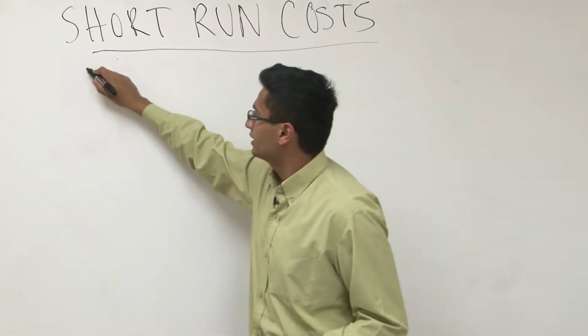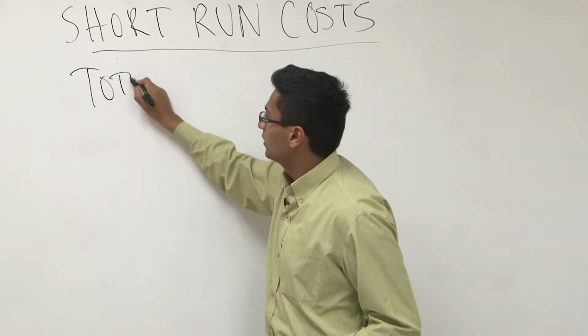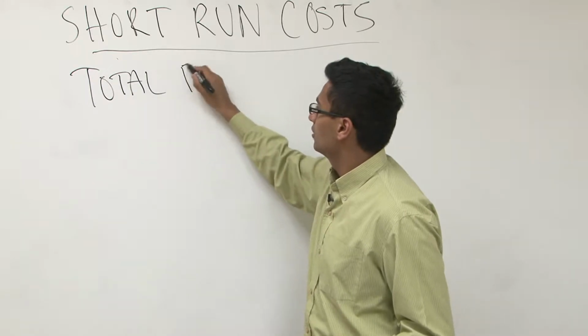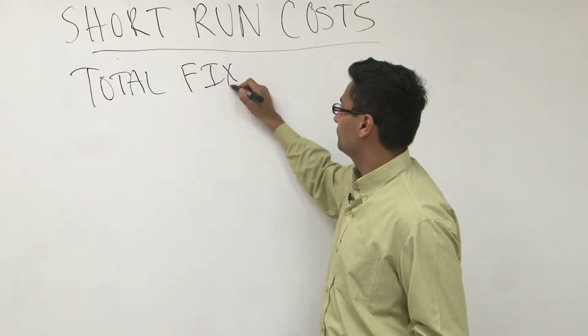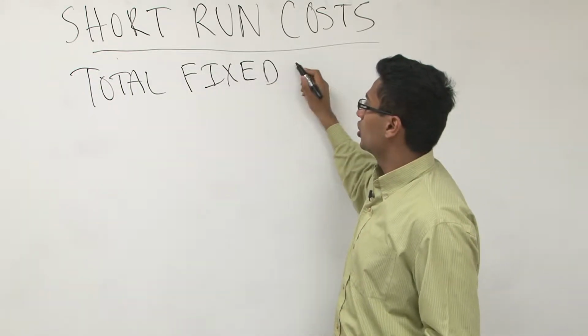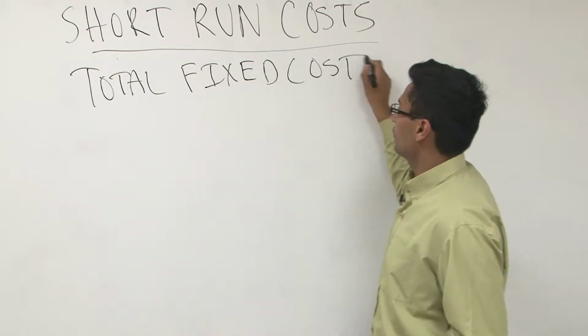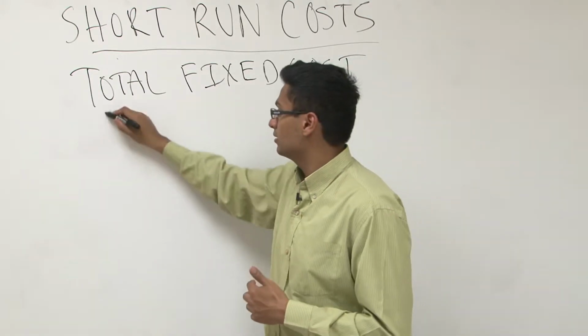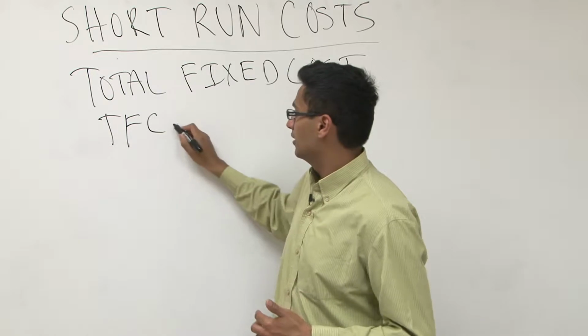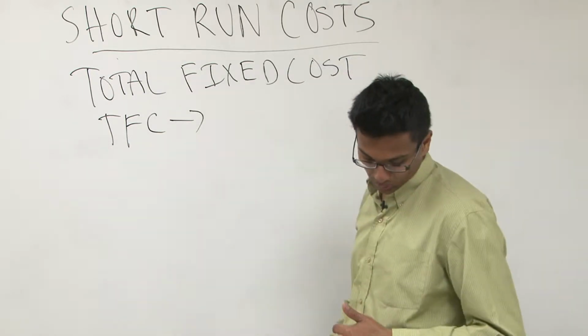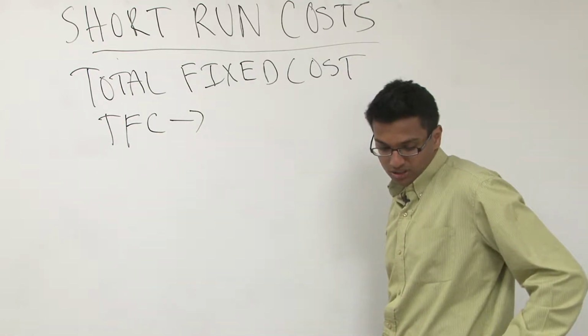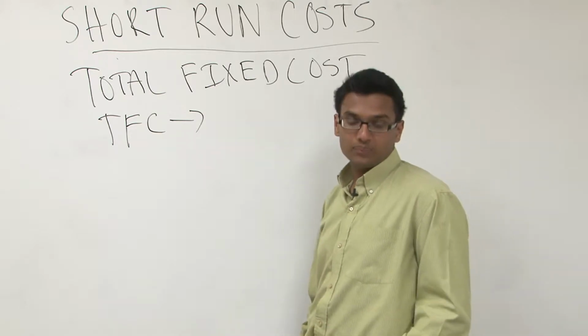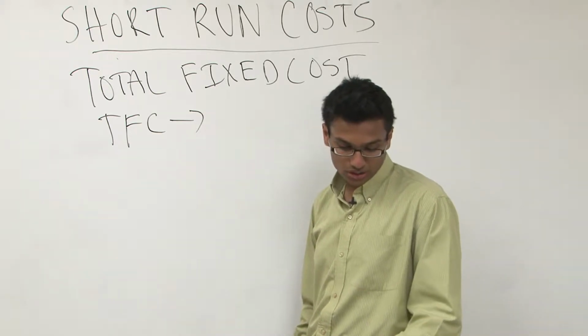I'm going to write that down: total fixed cost, and the way we write that is TFC. And how do you define that? Well, total fixed costs are the costs that do not vary with changes in the short-run output.